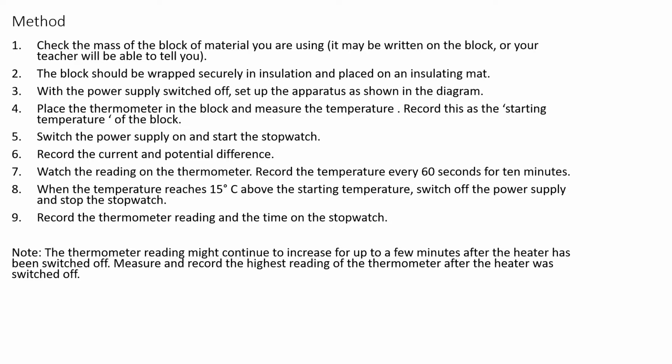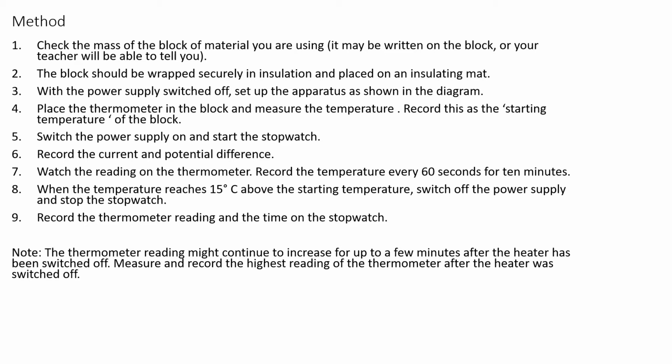Number 1, weigh the block. Number 2, insulate the block. Number 3, set up the equipment shown. Number 4, add the thermometer, measure the temperature. Number 5, switch on, start timing.